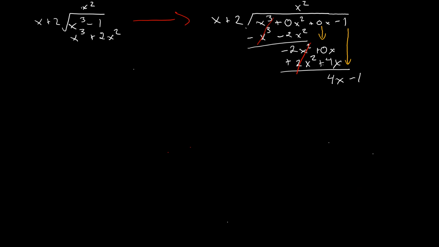Now we'll do the same as a few steps prior and drop our next term. So now we have 4x minus 1. And now, hopefully for the last time, we need to find a way to manipulate x squared so that we can get it to cancel out our 4x. So what can we multiply by x plus 2 to get 4x? Well, we can multiply x plus 2 by 4.